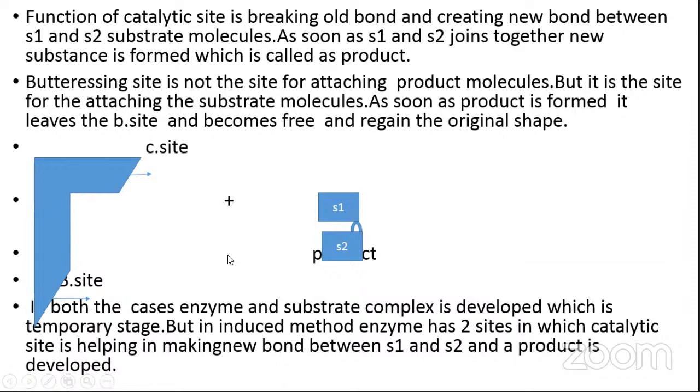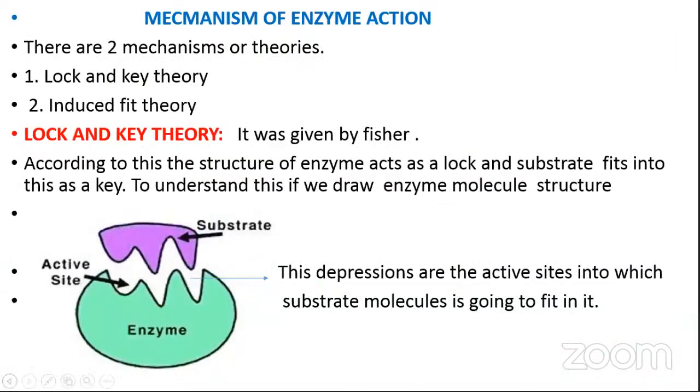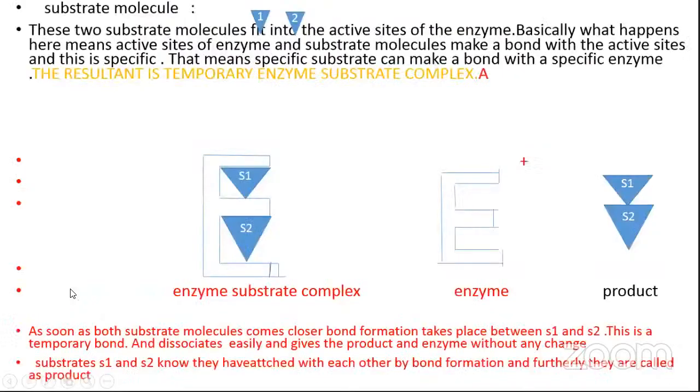That means in the lock and key theory, there is only one complex, the enzyme substrate complex, developed during this reaction, and for making that complex, there is only one active site.